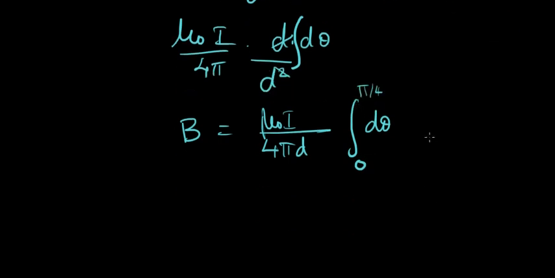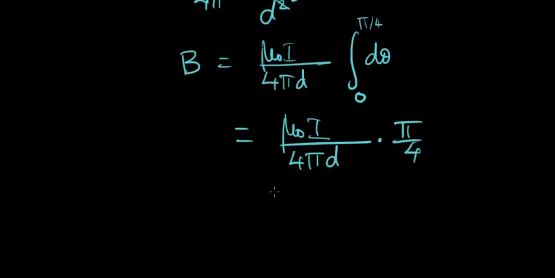That's all it is. So this is just mu naught I over 4 pi d times pi over 4. Right? So pi cancel. So it's just mu naught I over 16d.